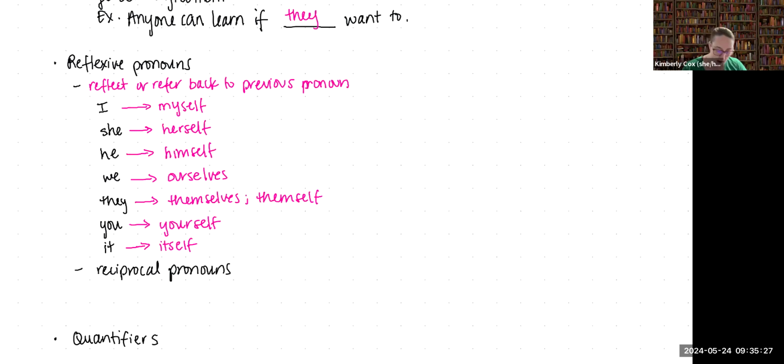And these are each other and one another. Okay. And what all of these types of pronouns have in common is that they usually provide emphasis. Okay, so if we're thinking about why we use them rhetorically, and that means what we're doing with them in language, we're usually using them for emphasis.